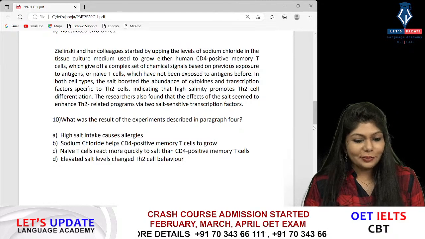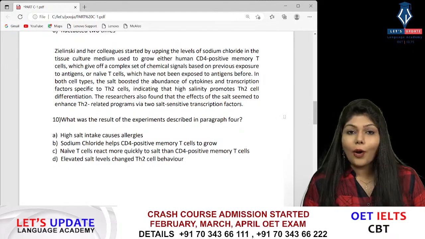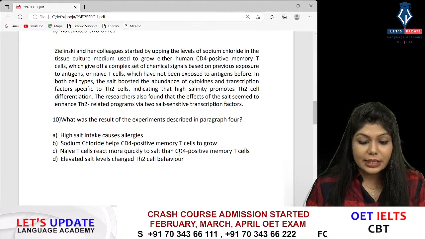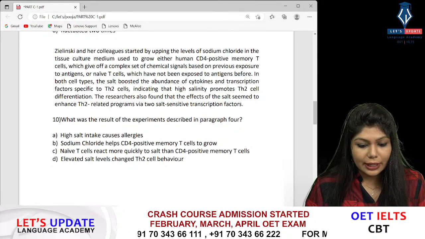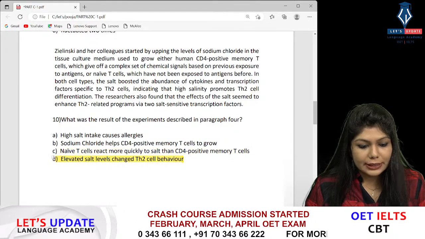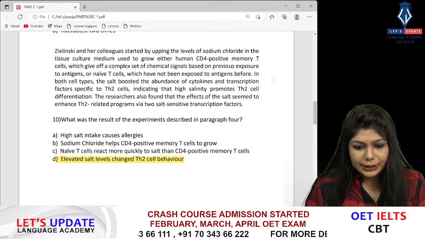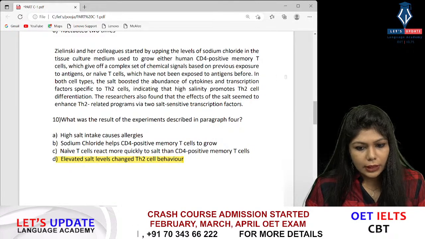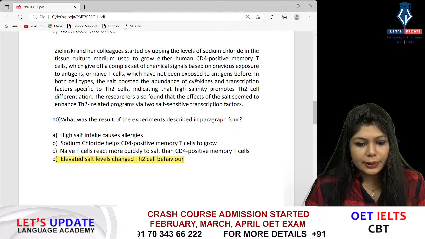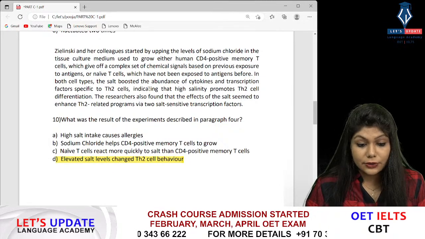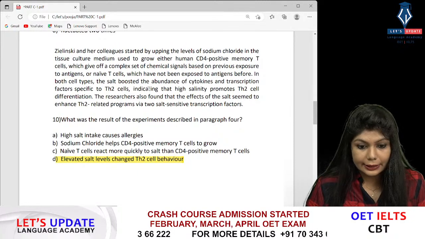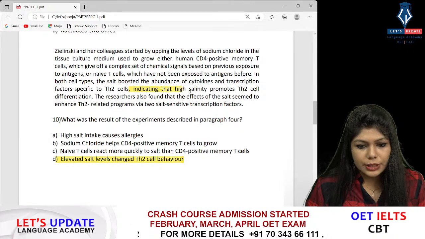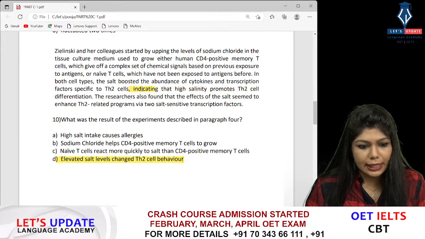Okay, so let me give you the answer. The correct answer is option D. Elevated salt levels change Th2 cell behavior. And let me tell you why it's D. Because it's written here that in both cell types, the salt boosted the abundance of cytokines and transcription factors specific to Th2 cells, indicating that high salinity promotes Th2 cell differentiation.